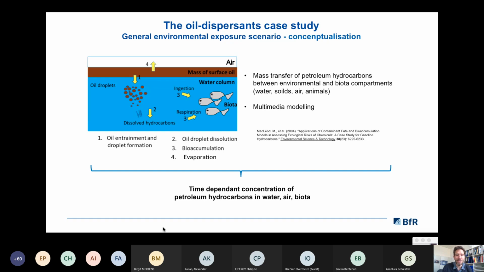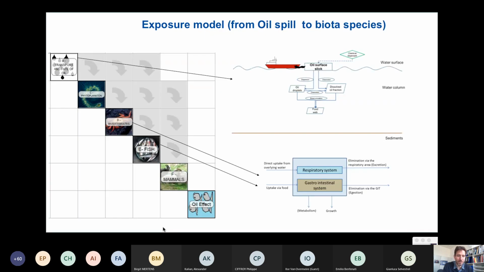And in the end, the idea is to have some time-dependent concentration of the different petroleum hydrocarbons in the water and the different compartments. So this you have already seen in a similar way by Philippe. And in the top left, you have the new module, which is the oil module, which was developed to include the different processes we have just talked about.